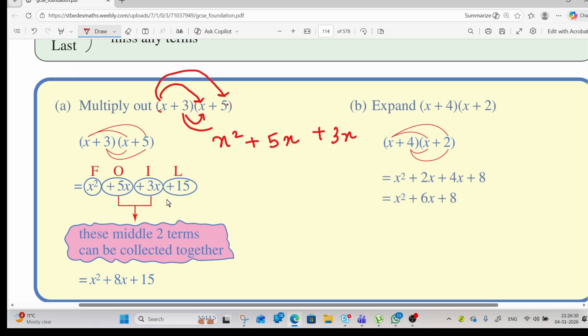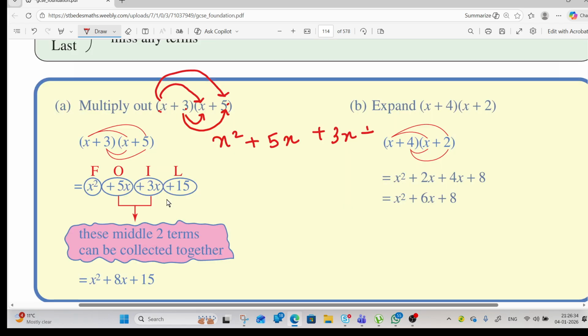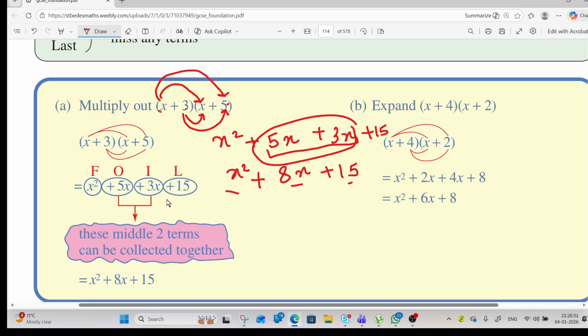Then 3 times 5 is 15. Then you check: first term is x square. You do these two, 5 plus 3 is 8, 8x plus 15. We can only add like terms, which I added. Now they all are unlike. So that's what we got.